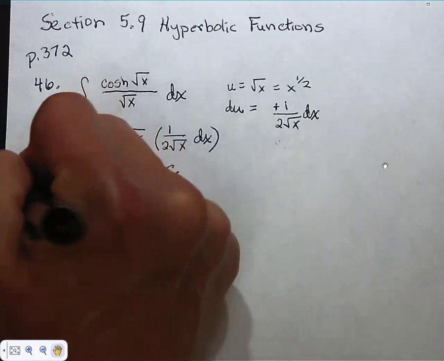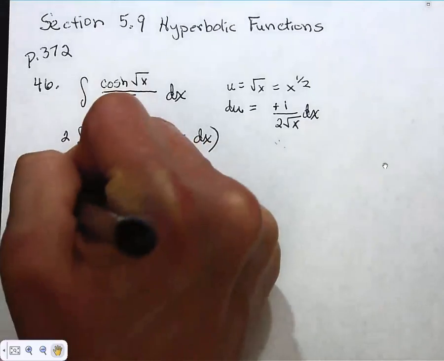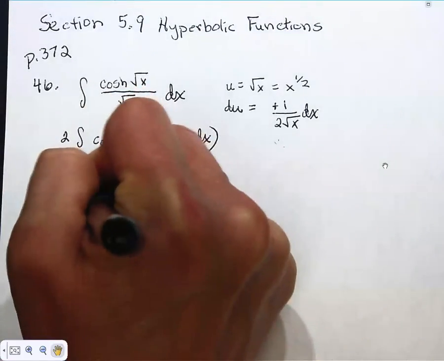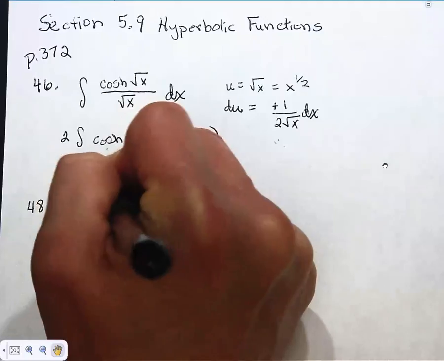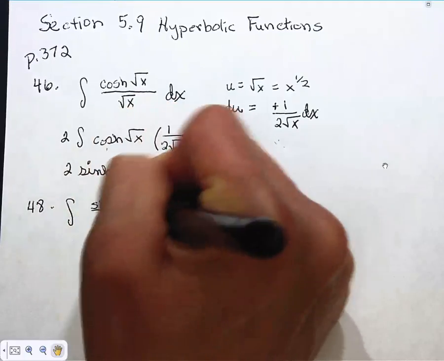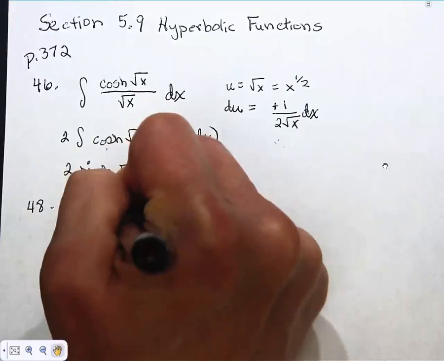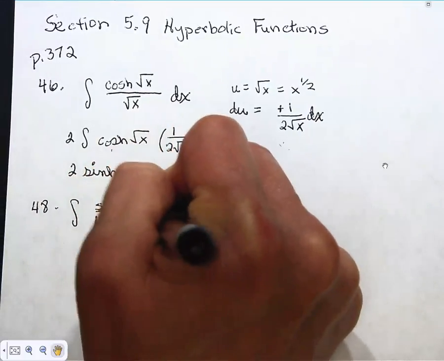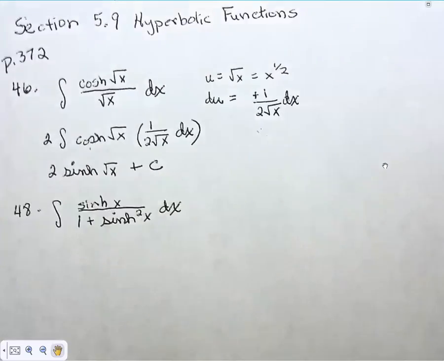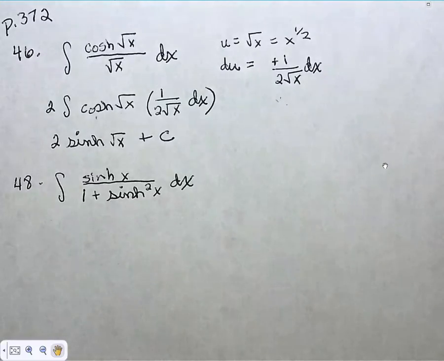What about 48? We're just gonna go with the first u somebody suggests, and then we're gonna find du and see if we can make it fit that.